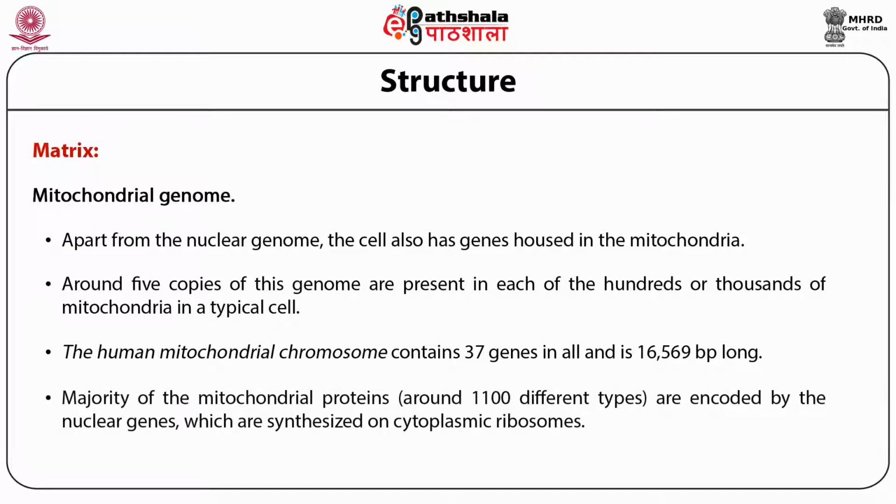The majority of the mitochondrial proteins, around 1100 different types, are encoded by the nuclear genes, which are synthesized on the cytoplasmic ribosomes. These proteins are then imported and assembled in the mitochondria.